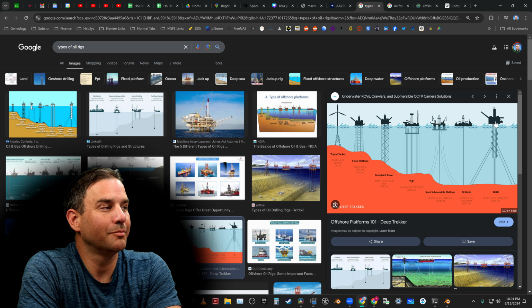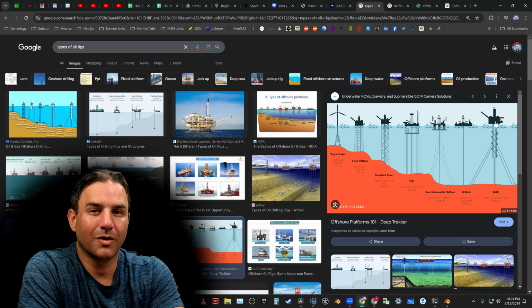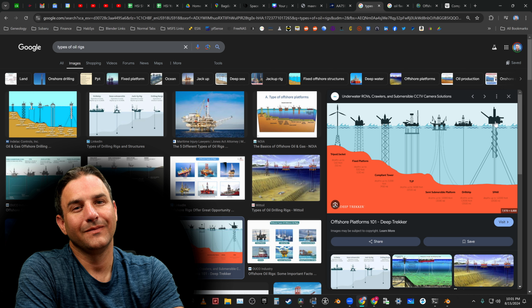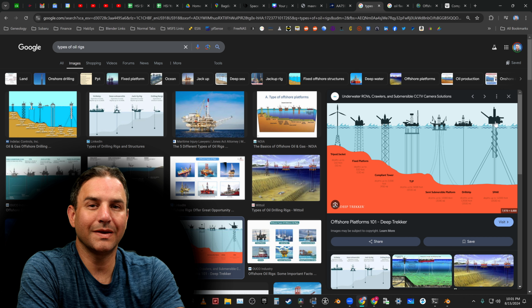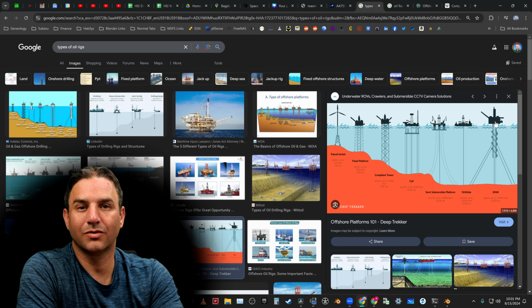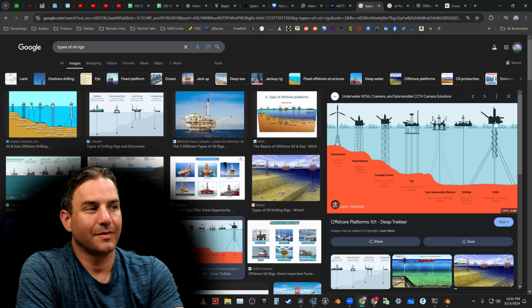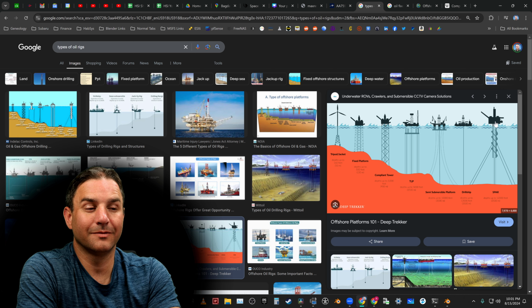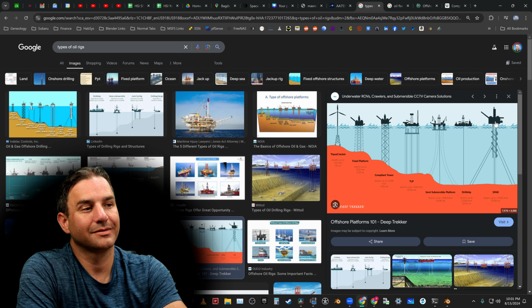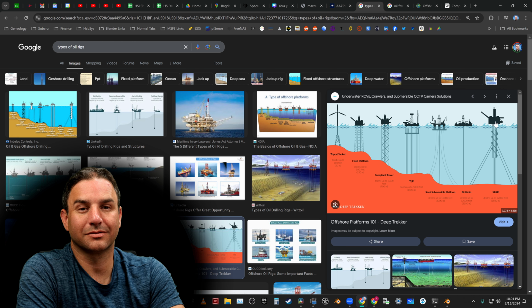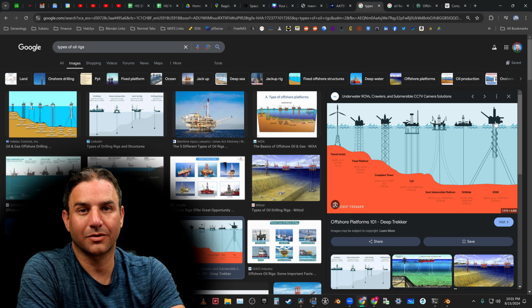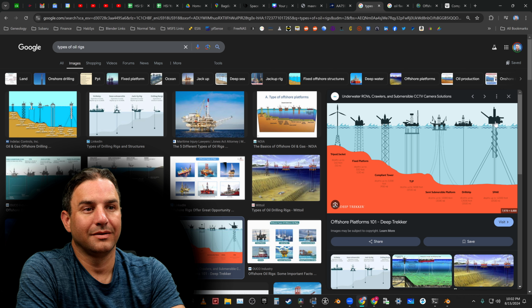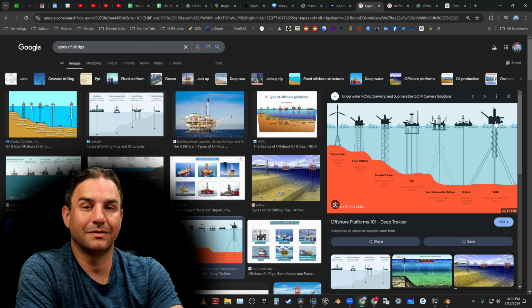Now, if you have a metal structure offshore in the ocean, that thing's going to corrode. They have ways to slow down corrosion so that it's not as serious, but corrosion's going to happen, and eventually it will get serious. So you have ways to slow it down, but a steel structure in the ocean is going to rust, and it can have a devastating effect if it's not being maintained.